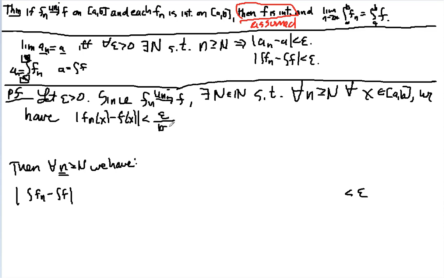I'm going to use epsilon over b minus a. So I can use that. That's uniform convergence. It doesn't matter what x is. This is always going to be true because of uniform convergence. This would not be true pointwise, but I'm not assuming pointwise.